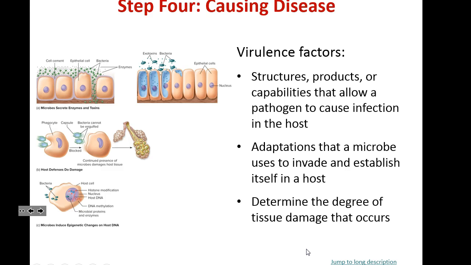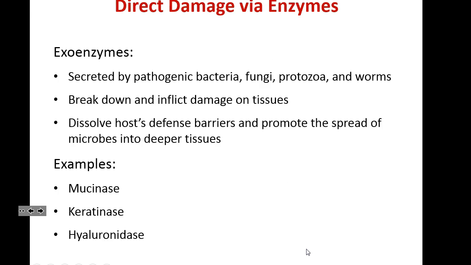They are adaptations that a microbe uses to invade and establish itself in a host, and the virulence factors determine the degree of tissue damage that occurs. So the degree of the infection that's caused. Is it very virulent, or is it just small virulence? The degree of tissue damage that occurs.